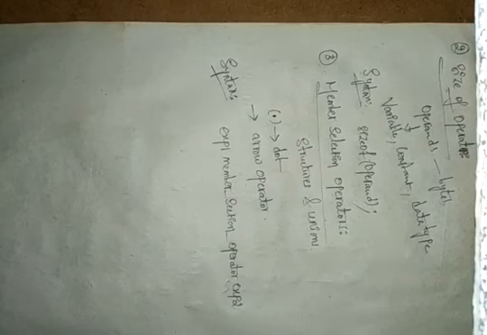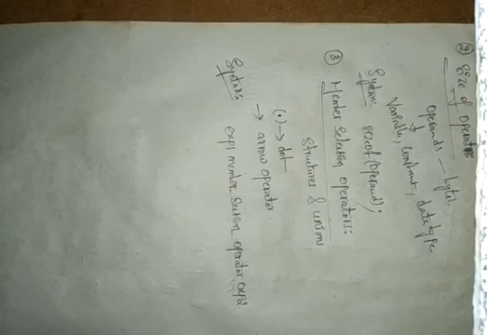Next we have the logical operators. These logical operators work like a truth table: the AND operator, OR operator, and NOT operator. Next we have the assignment operator, which uses equal to.